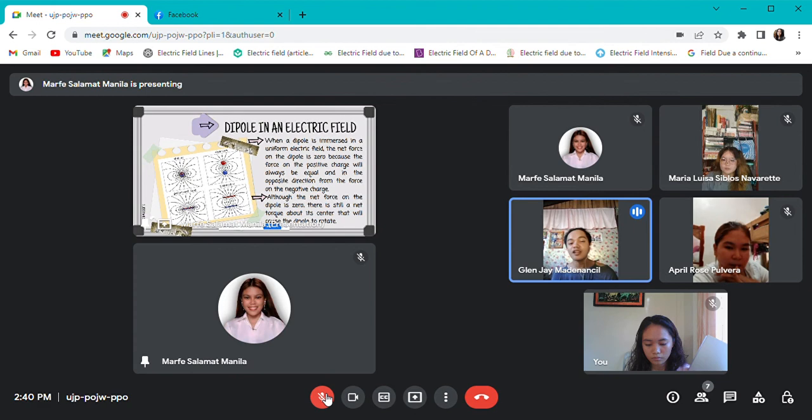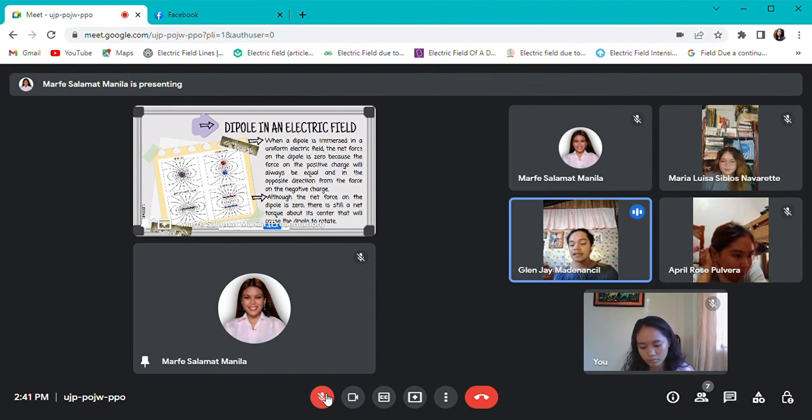Kaya dapat akong nasabtan sa ako based on my research nga kaning dipole sa electric field, mo-twist sila. Then kanang pag-twist nila, mo-rotate sila sa ilang axis, mo-align sila sa electric field. I cannot further describe or discuss.